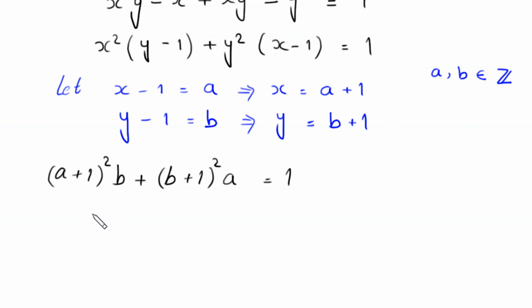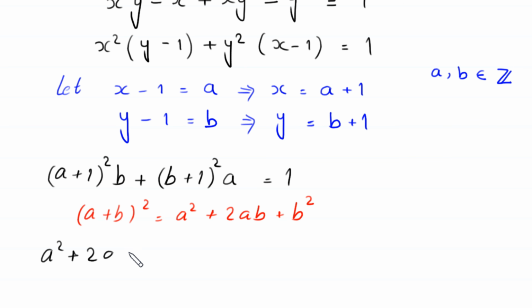Now by using the algebraic identity, a plus b whole squared is equal to a squared plus 2ab plus b squared, this a plus 1 whole squared will become a squared plus 2 times a plus 1, times this b, plus this b plus 1 whole squared will become b squared plus 2 times b plus 1, times this a, is equal to 1.